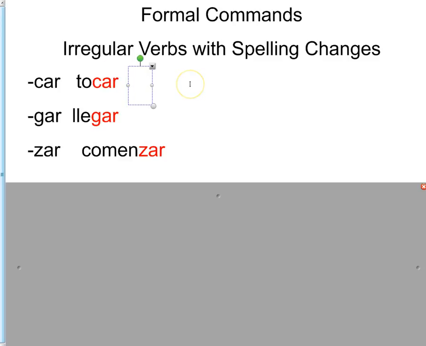So first, let's take a look at the verb tocar. If we just kept it the same, and we were going to do a formal command with tocar, it would look like this, "tose." But this doesn't keep the original sound of the verb tocar, which is a hard C sound. So what we're going to do is change that C to a QU. So our rule is that if we have car, we're going to change the C to a QU to make sure that it keeps the original sound.